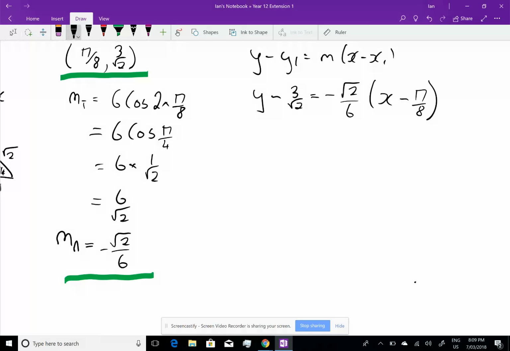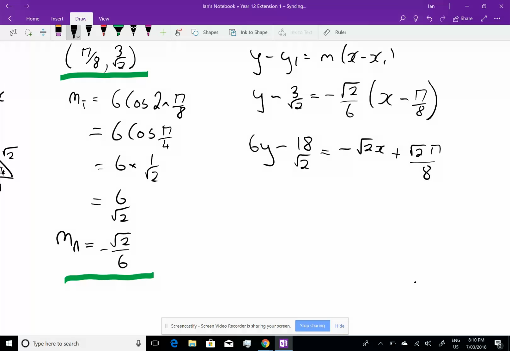I'm going to multiply the 6 across, so I get 6y minus 18 on root 2 equals minus root 2x, minus minus, so plus root 2 pi on 8.